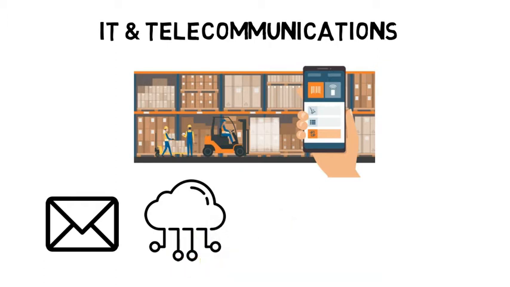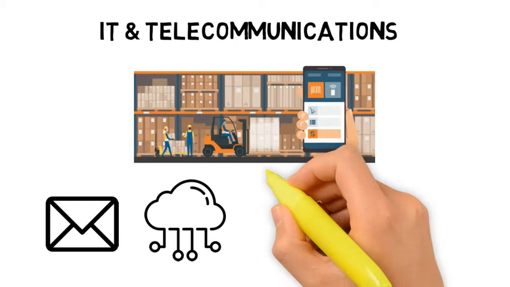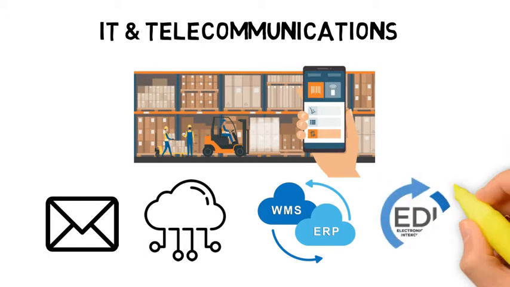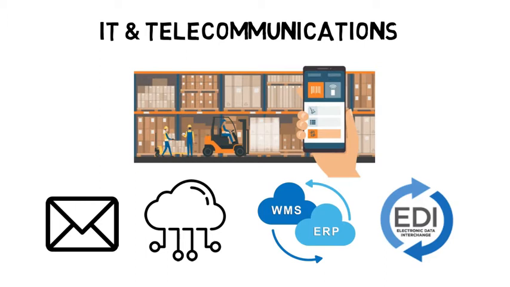Procurement, operations, sales and finance use warehouse management systems or WMS and the enterprise resource planning or ERP systems. Companies rely on electronic data interchange or EDI to exchange information with their customers in real time. There may be dedicated servers and routers on site, or there might be shared servers and routers at a main company location or provided by an external service provider.